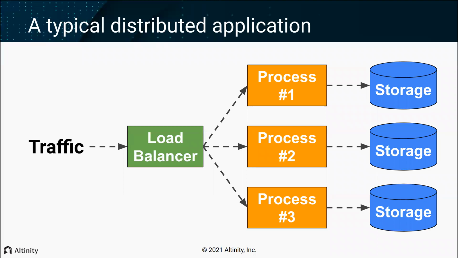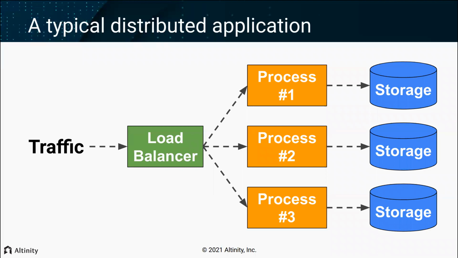So you have 3 processes that each have their own storage. They're talking to each other and replicating. And then they have a load balancer in front of them, so when people want to find Zookeeper, they just come to the IP address of the load balancer, the traffic gets routed to one of those processes, and then they get their request served. So that is the distributed application.